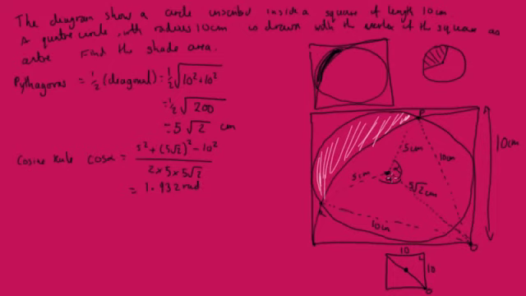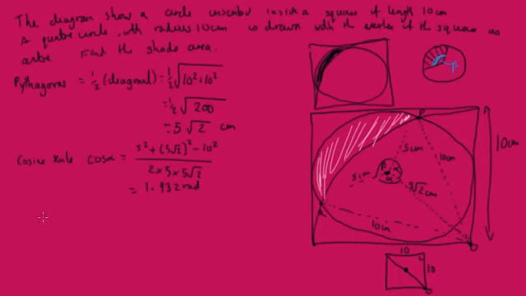Now, because this is a circle, we need to find out what this angle here would be. This angle here is going to be beta.